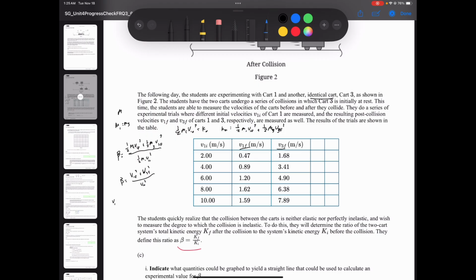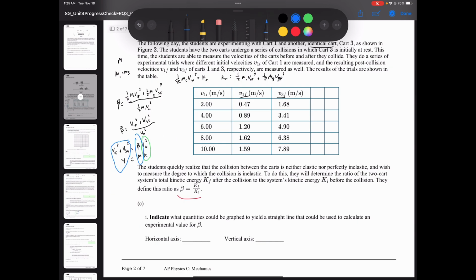So the way we're going to write this is v1f squared plus v3f squared equals beta times v1 naught squared. And then doing the same trick, on the vertical, I'm going to want to put v1f squared plus v3f squared. On the horizontal, I'm going to want to put v1 naught squared, and then my slope's going to be beta. All right, so the ratio of the kinetic energies.